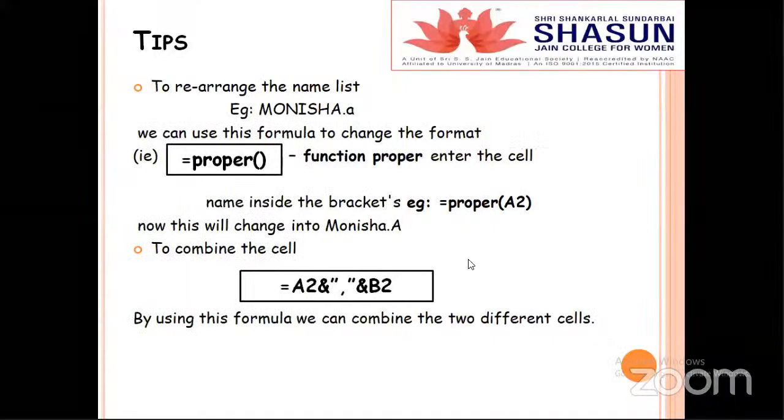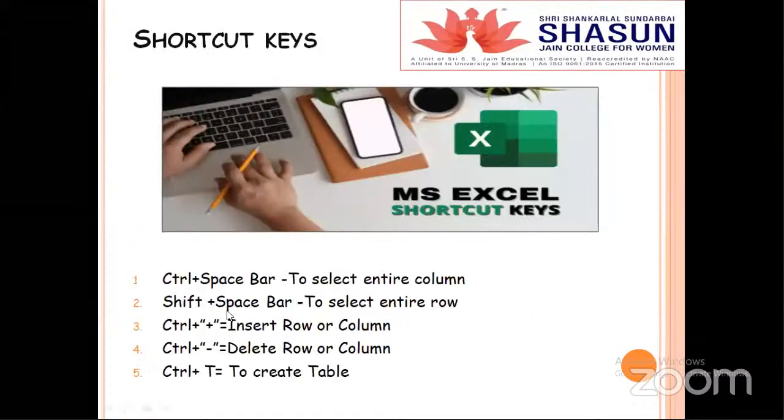Next, shortcut keys. I have given a few shortcut keys for Excel. Control plus space bar will select the entire column. To select the entire row, shift plus space bar.